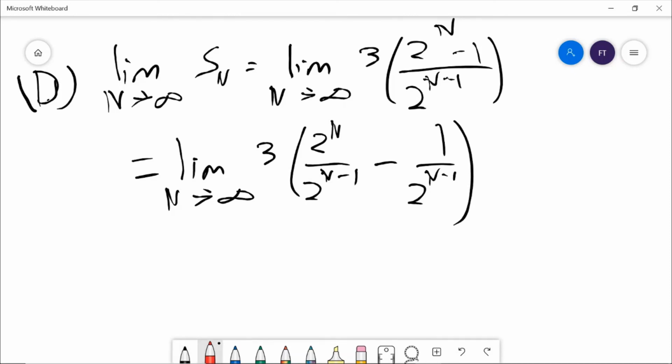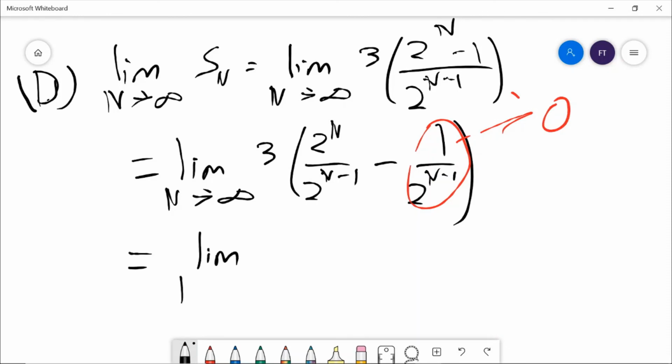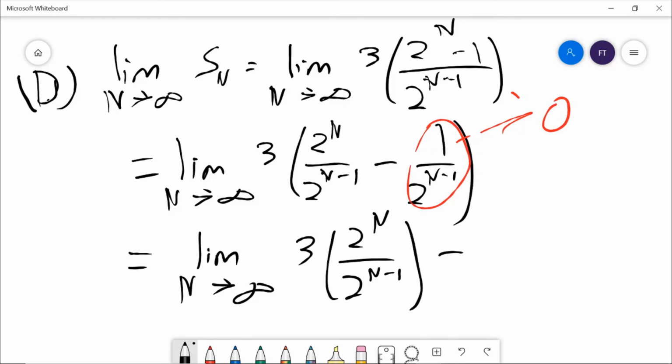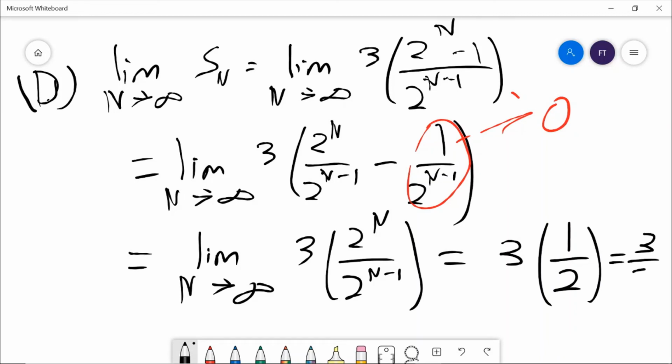And so what we can see here is that this term approaches 0. And so we're left with the limit as n goes to infinity of 3 times 2 to the n over 2 to the n minus 1. But this simplifies into just 1 over 2. And so we get that this infinite series actually adds up to 3 over 2.